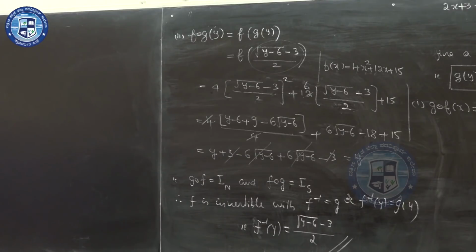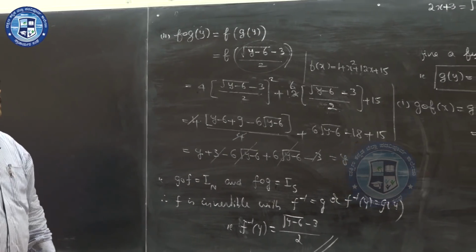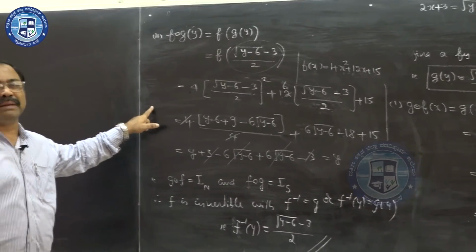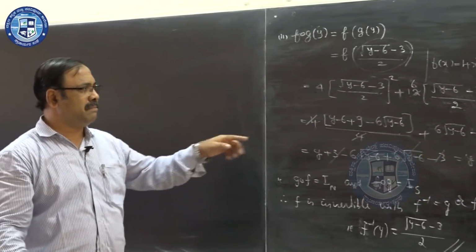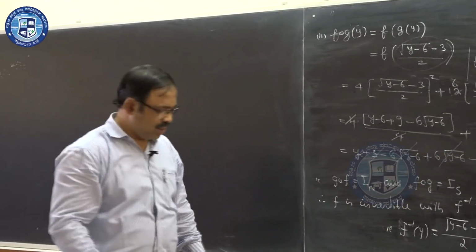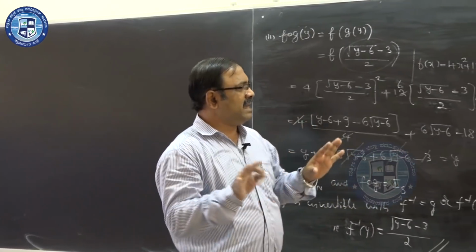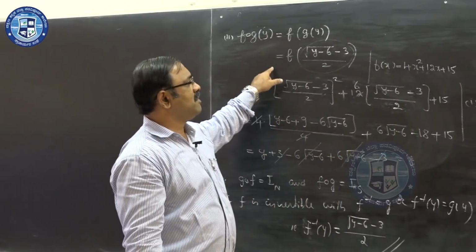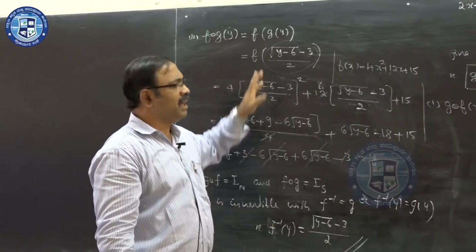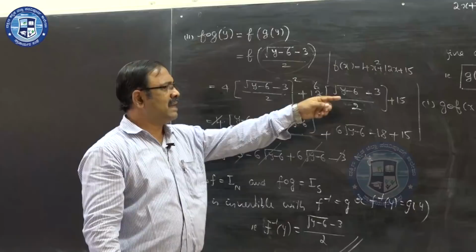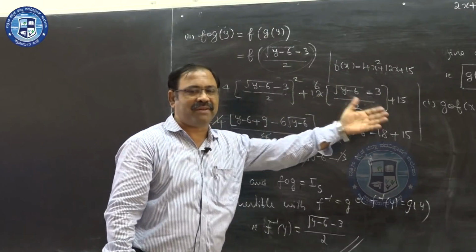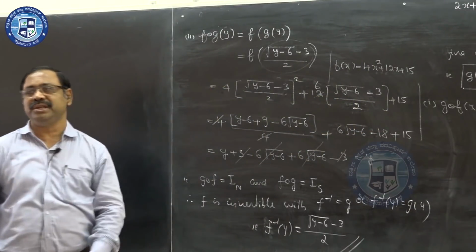The answer is very lengthy, but I will explain the next method also. I feel you will find the second method better than the first. Both methods are easy and simple, but this one is quite lengthy. The idea is always very simple. When the function f of x is given, you have to find g of y. Then you find g composite f of x and f composite g of y.